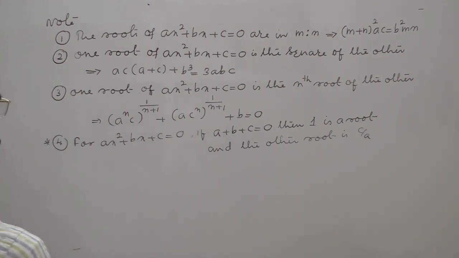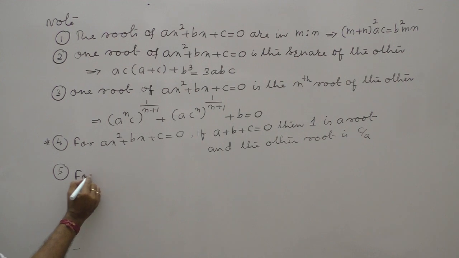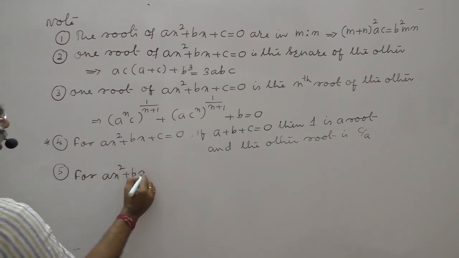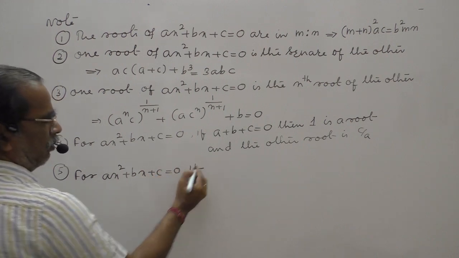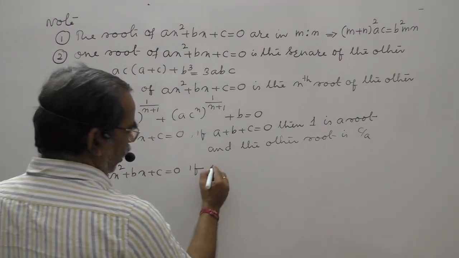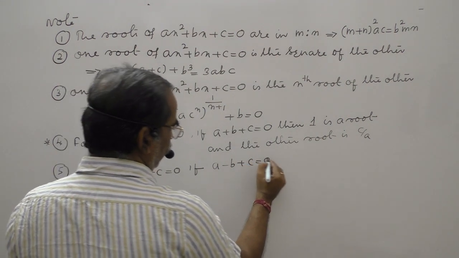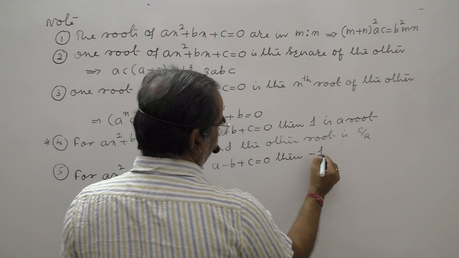Next property, number 5. See carefully, for the quadratic equation ax square plus bx plus c is equal to 0, if a minus b plus c is 0, then minus 1 will be a root.